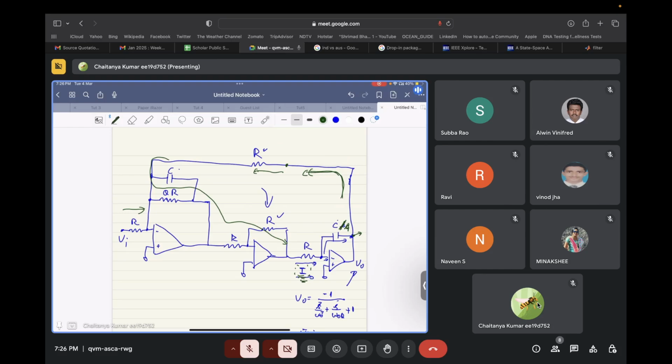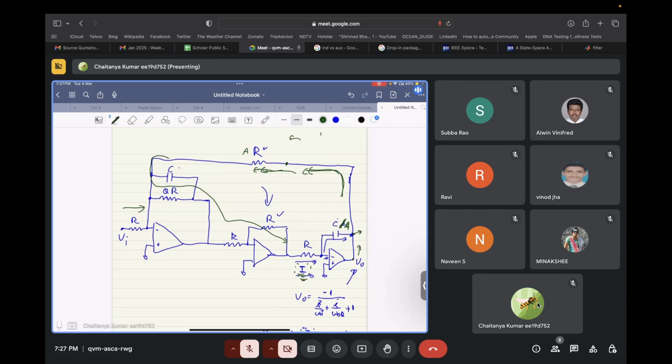So if this voltage is increased by a factor of A, in order to keep the current flowing through this resistor the same, what will I have to do? I will have to increase this resistance also by a factor of A. Okay. So earlier, let's say the current over here was minus 1 by R times S square by omega naught square plus S by omega naught Q plus 1.